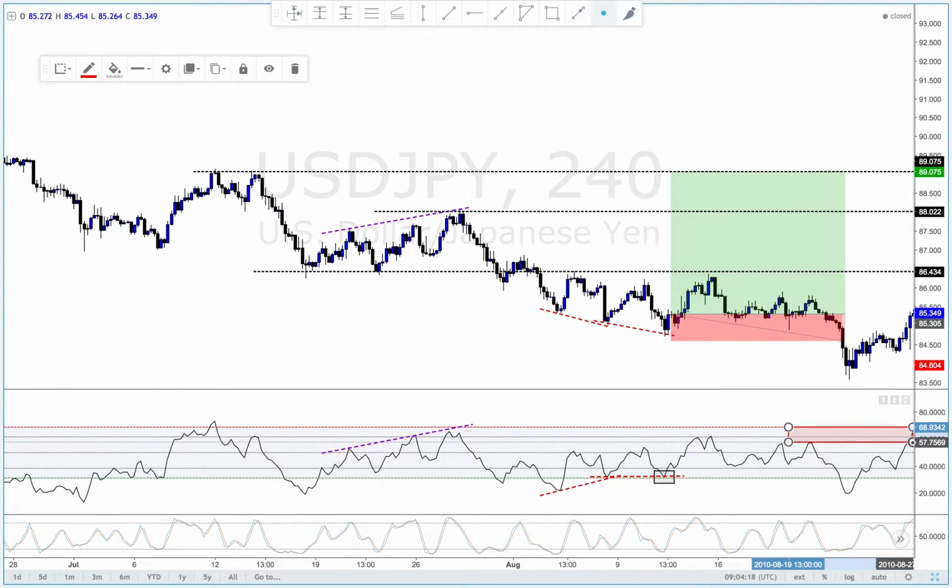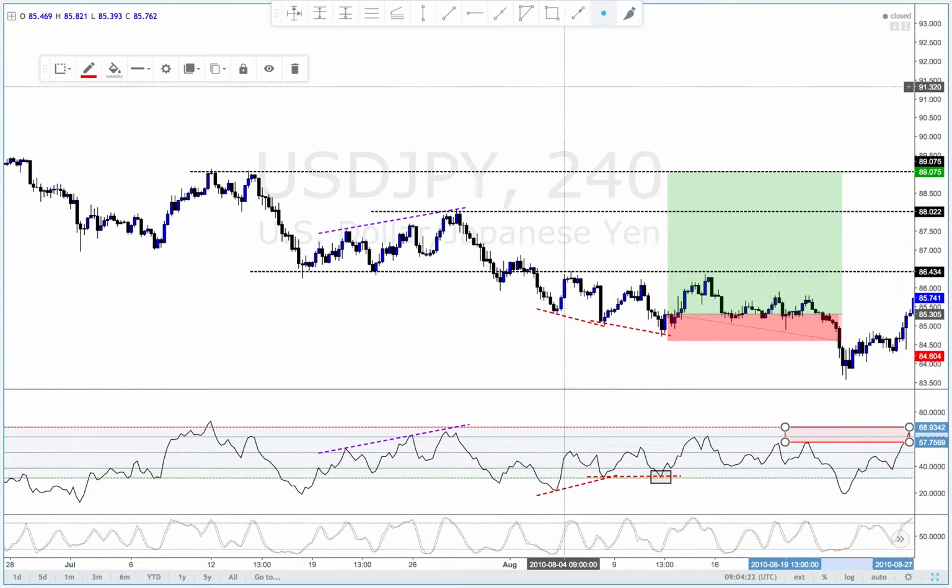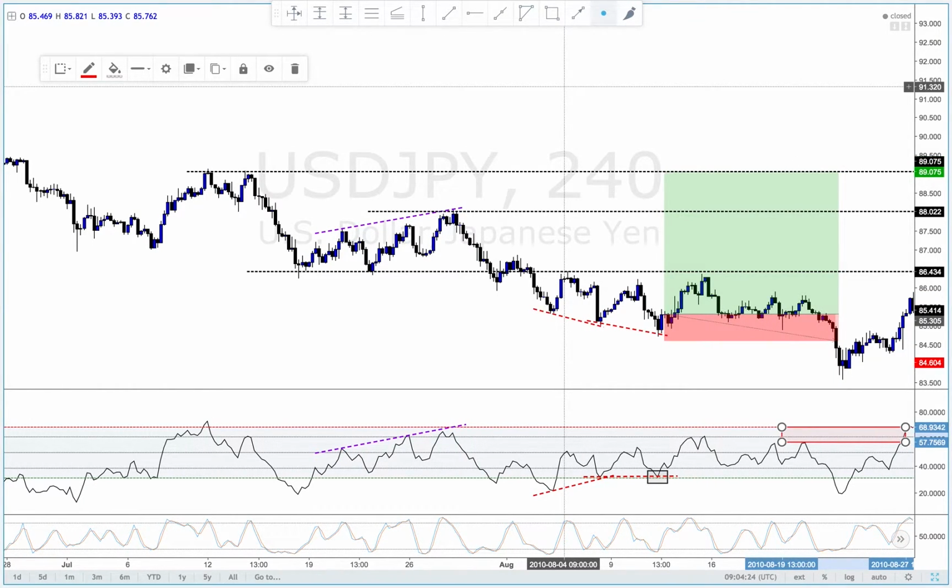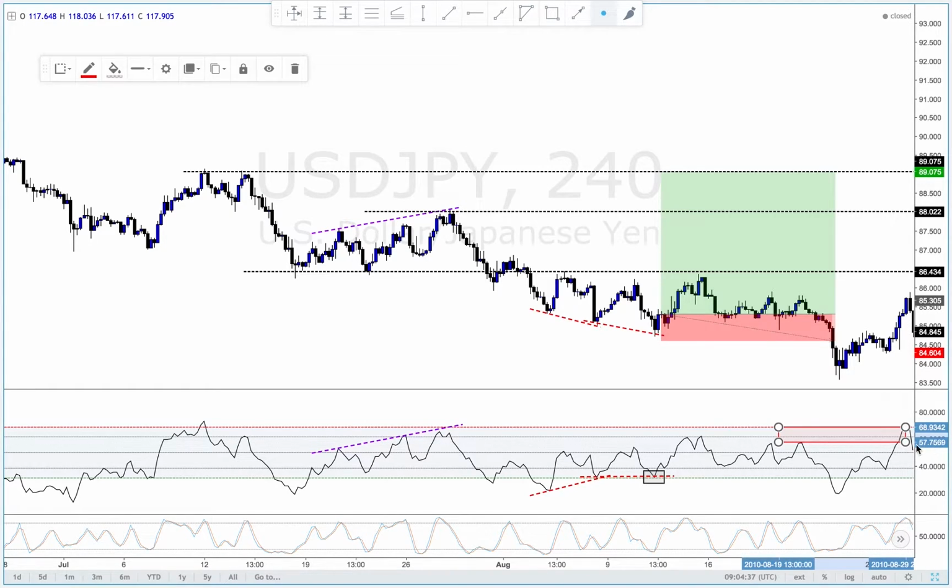At this point, I'm looking for the RSI to turn down, which it does. Yes, it turns down right there. We'll go one more forward. Okay. RSI is turned down in my zone here.